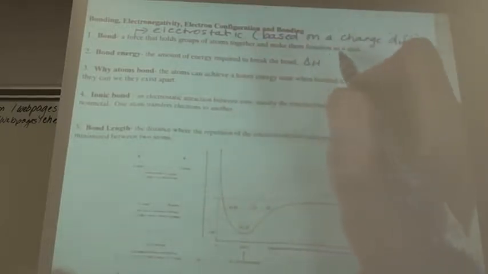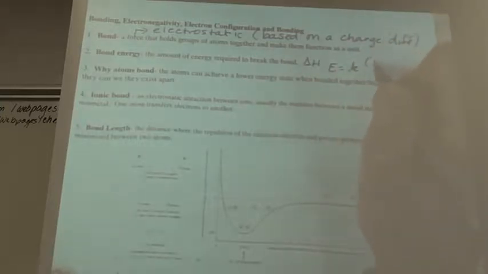I do. Okay, the bond energy is equal to a constant times the charge of the first ion or atom times the charge of the second ion or atom, over the distance between the centers of the atoms.